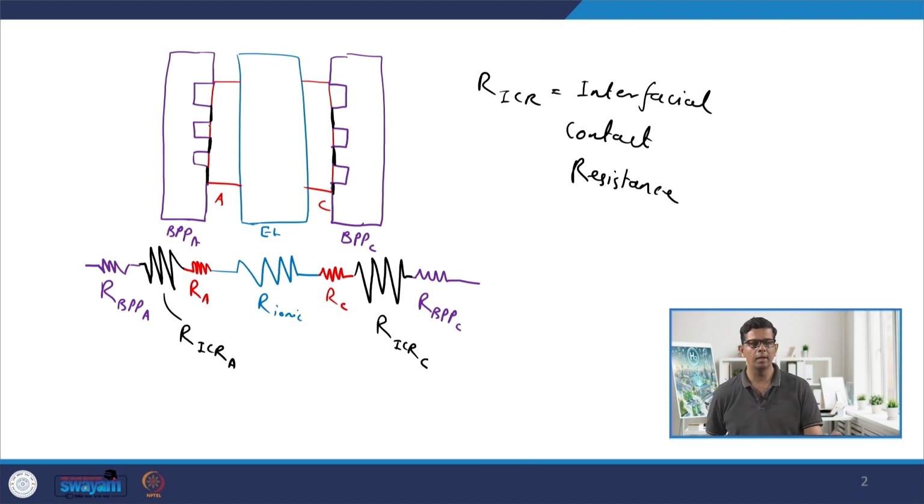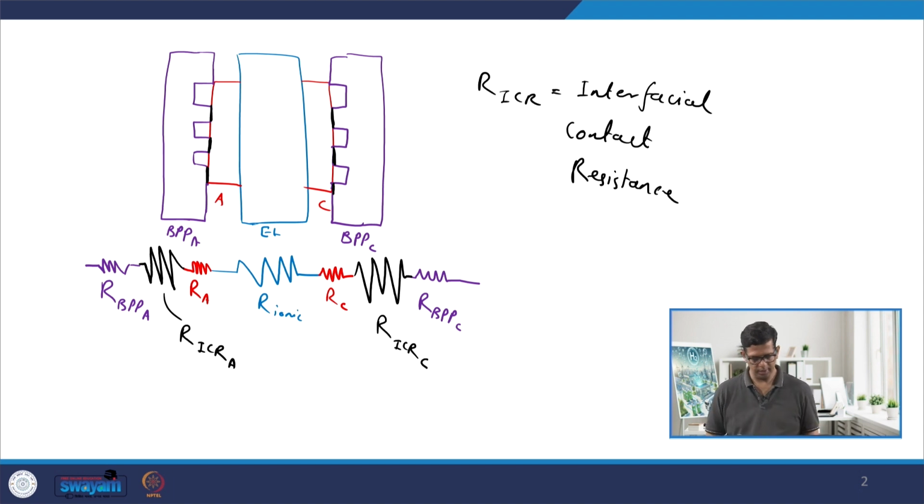That is the interface, that is where the contact resistance gets generated on the anode side. The same is the case with the interface between the cathode and the bipolar plate on the cathode side. This is very important, as the rest of the resistances arise from the material perspective, whereas this is the resistance that arises due to the contact between two different components.